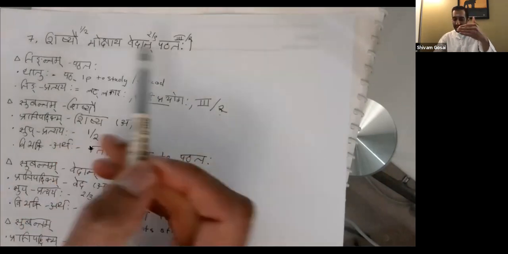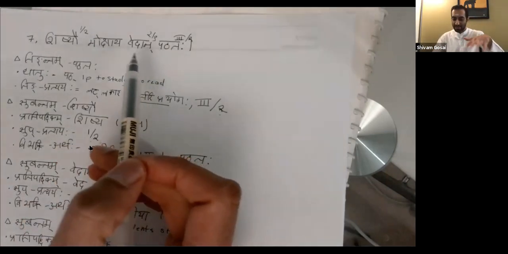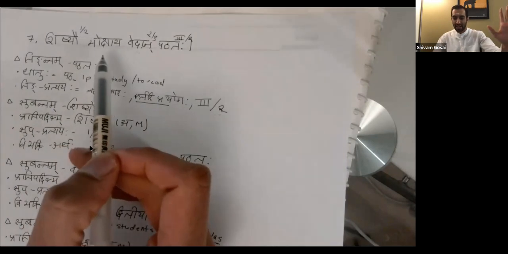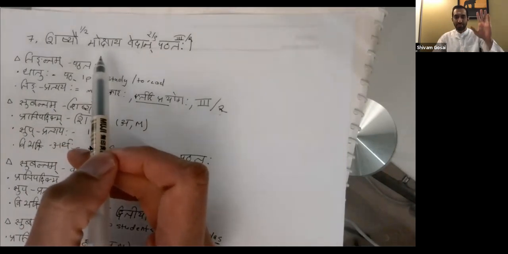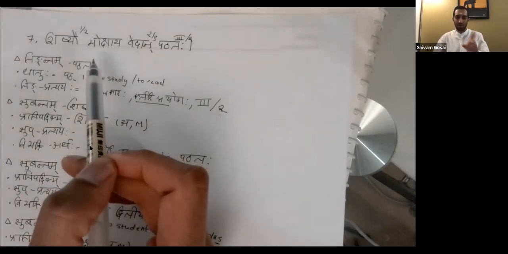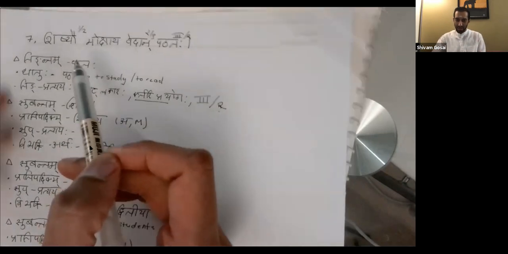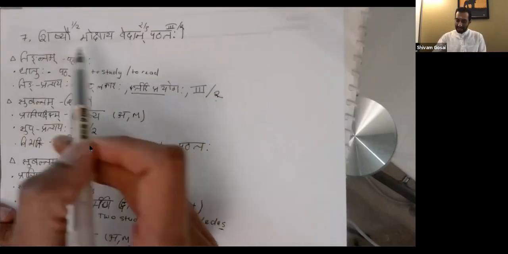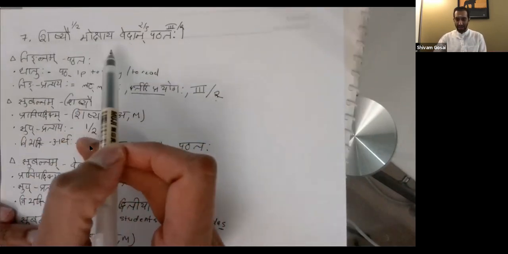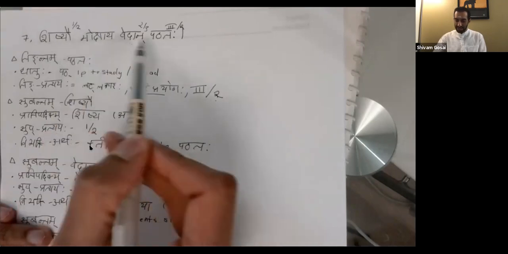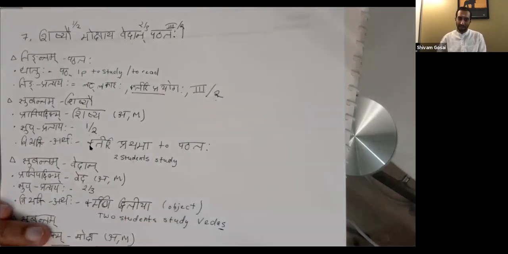Is moksha the recipient of studying? No. We're not giving anything. They're not the recipient of action. What it is, this is the purpose of studying. Shishyas study the Vedas for the purpose of moksha.